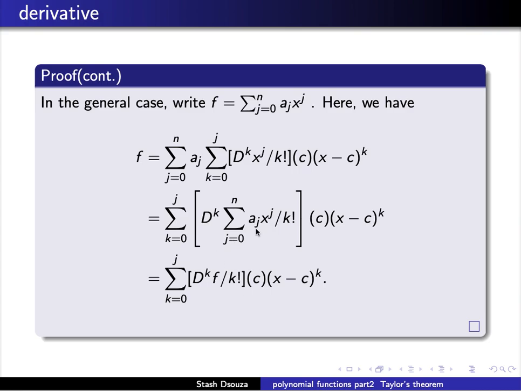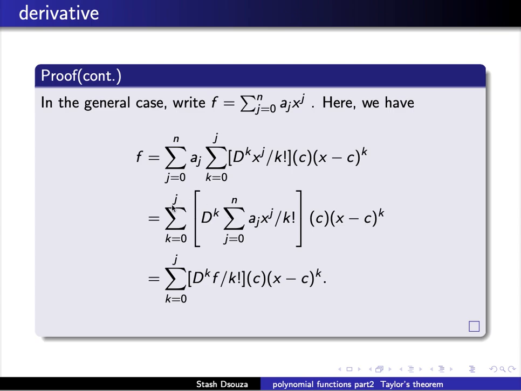Now we see that the expression aj x to the power j is nothing but f when we sum it over indices j from 0 to n. So we write at last that this is the sum as k goes from 0 to j of the kth derivative of f over k factorial evaluated at c times x minus c to the power k. Mind you, there is a slight error over here.